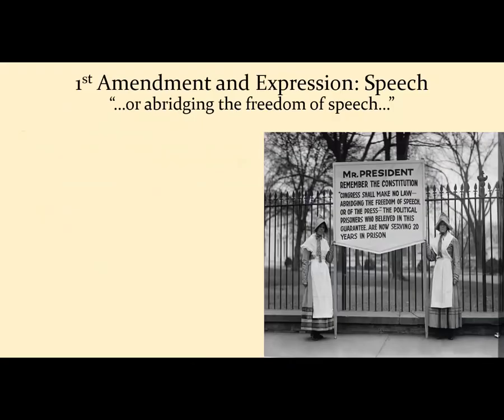Free speech is next. Freedom of speech. We have to separate censorship from time, place, and manner restrictions. So time, place, and manner refers to when and where and how you are expressing yourself.